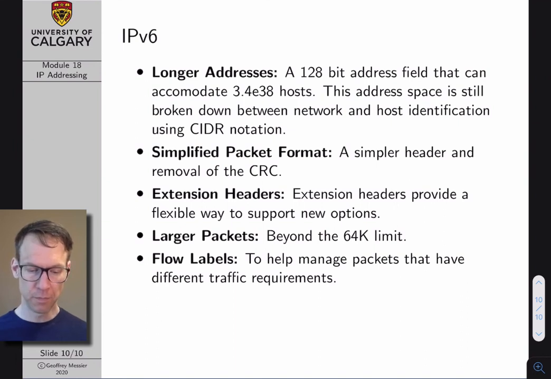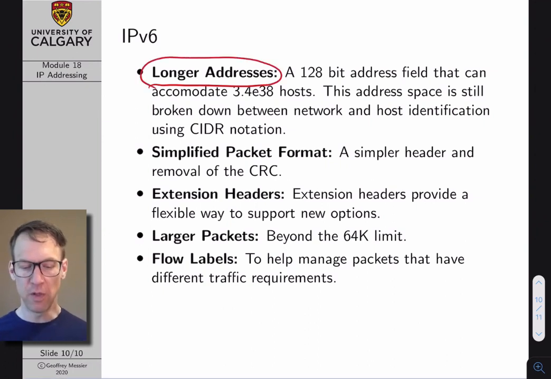So the primary advantage of IP version 6 is that there's a longer address field. IP version 6 has 128-bit addresses rather than 32-bit addresses. This solves the problem of the world essentially running out of IP version 4 addresses. 32 bits is not enough to address all of the computers that we have in the world.